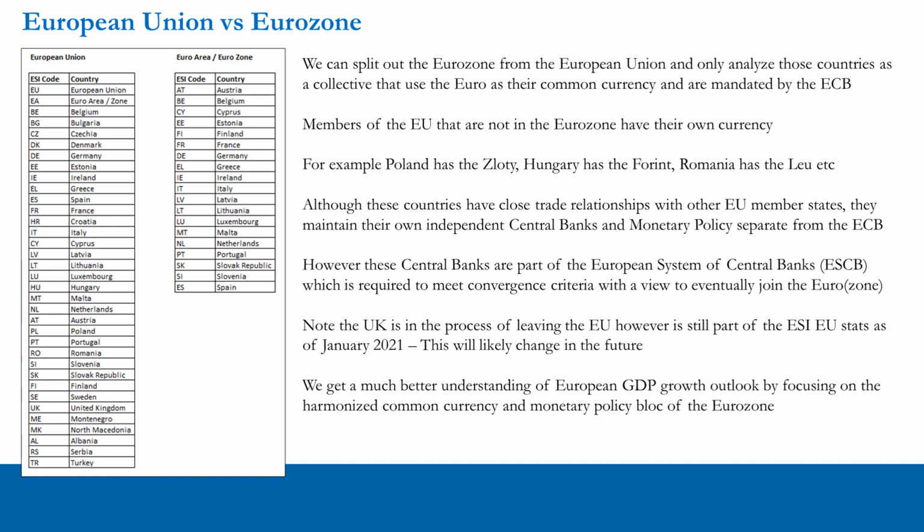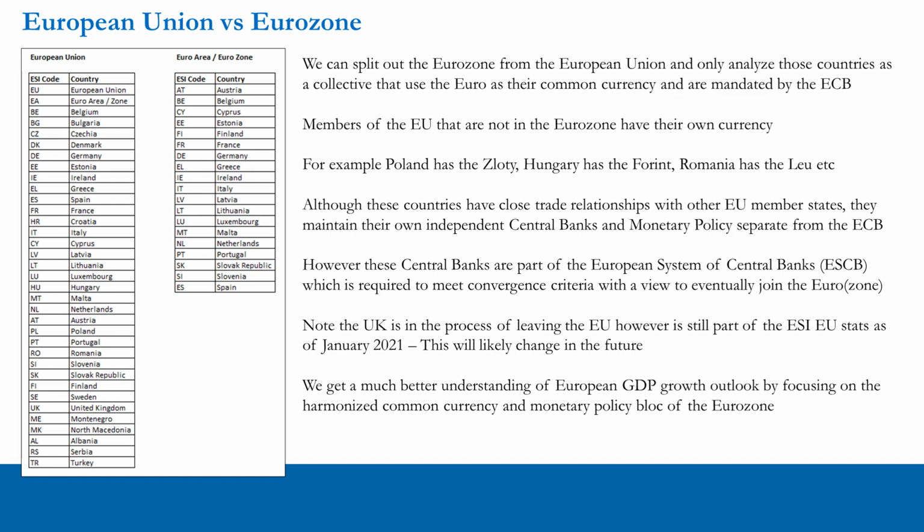Now, just as a side note, as of the time of filming, the UK is in the process of leaving the European Union. However, it is still part of the ESI European Union data, as of January 2021.